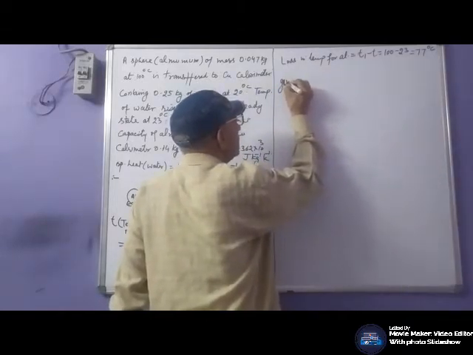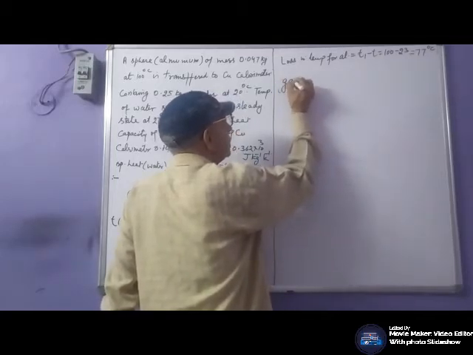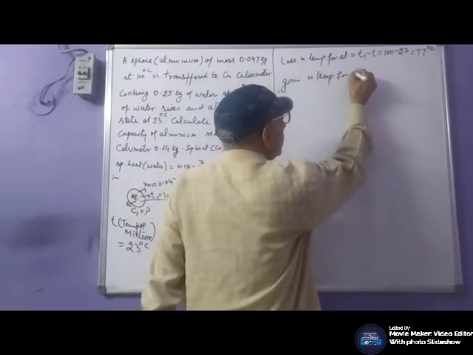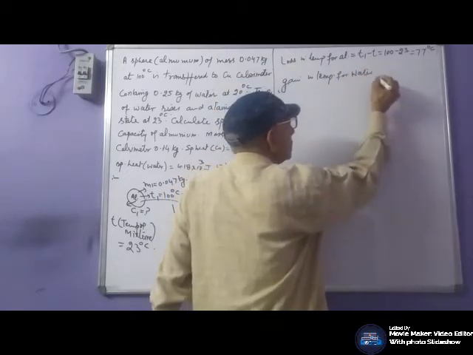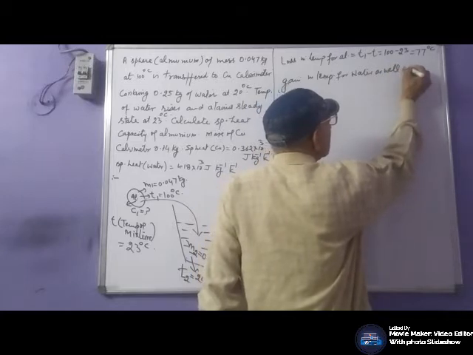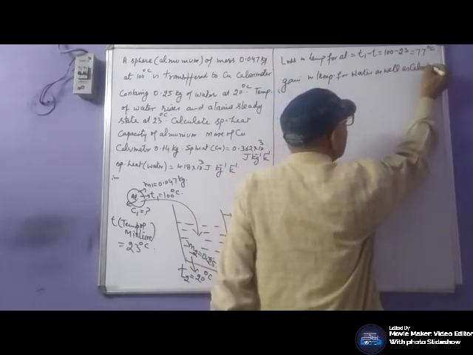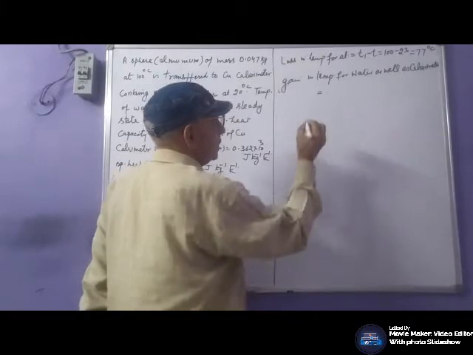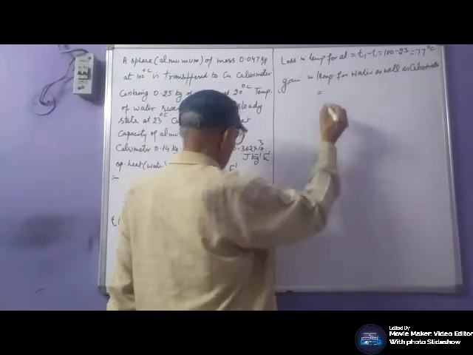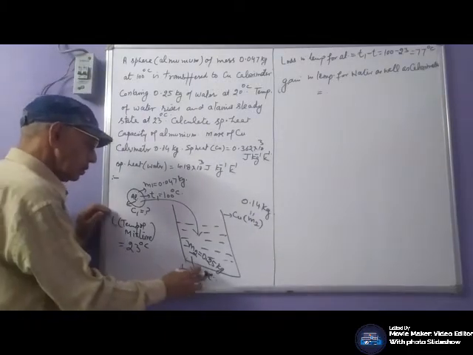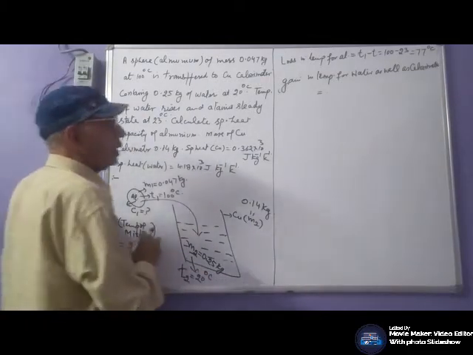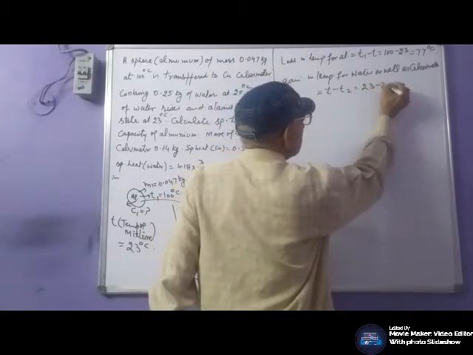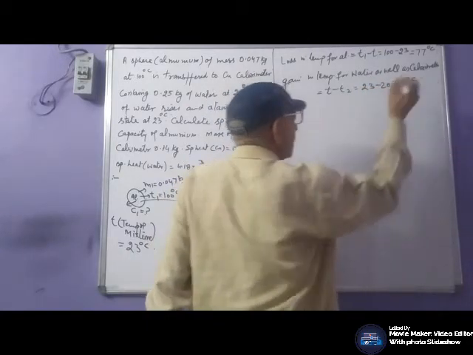Gain in temperature for water as well as the copper calorimeter vessel: their temperature was this, the mixture was this, so it is T minus T2, it is 2 degrees Celsius.